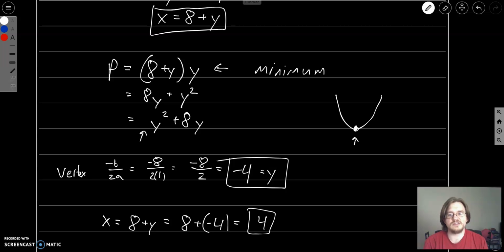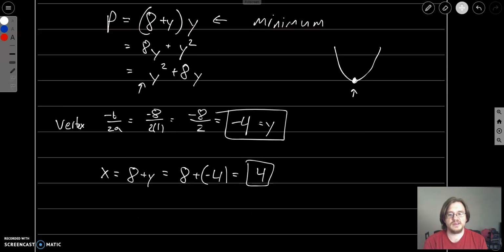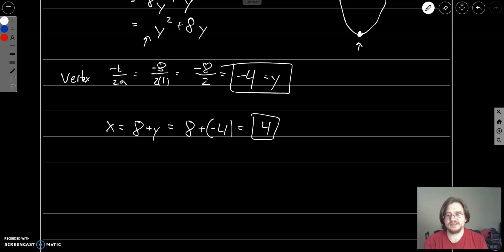So what are the values of x and y? They're going to be negative 4 and 4. So what is the minimum product? The product, which is just x times y, is going to be 4 times negative 4, which is negative 16.